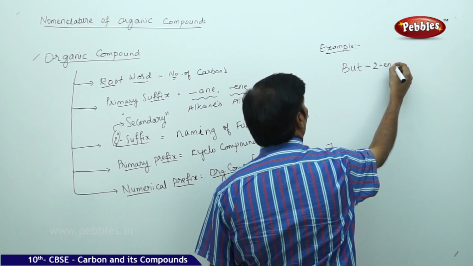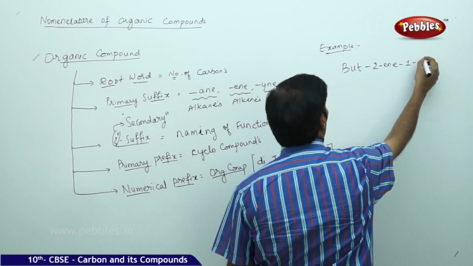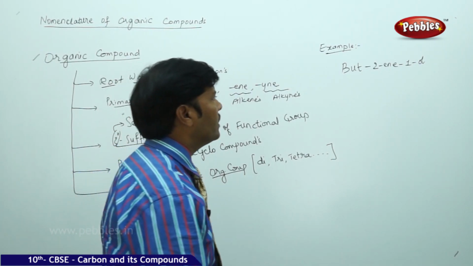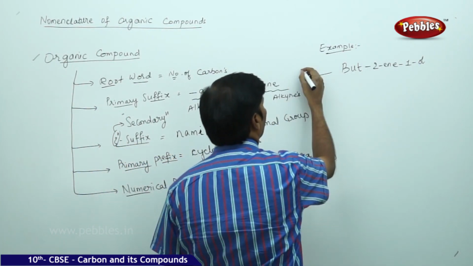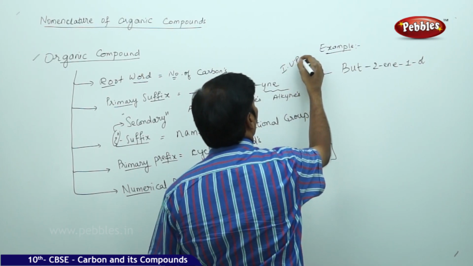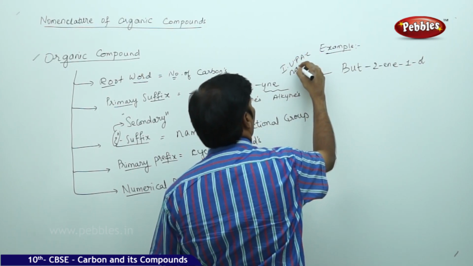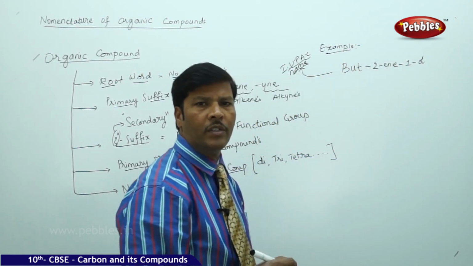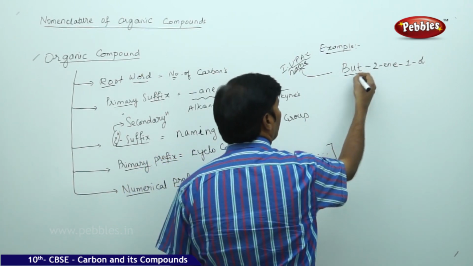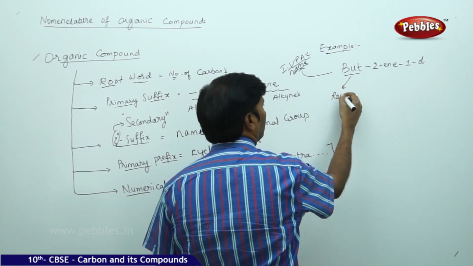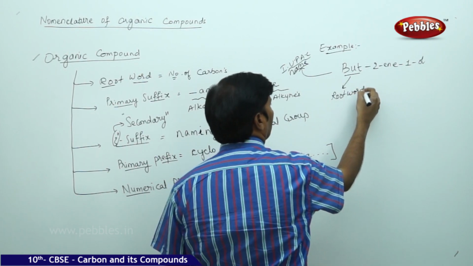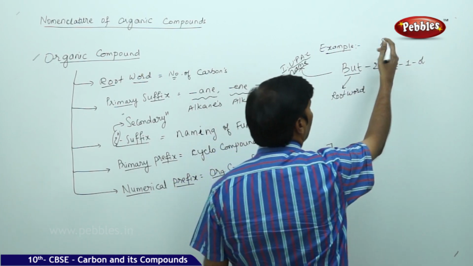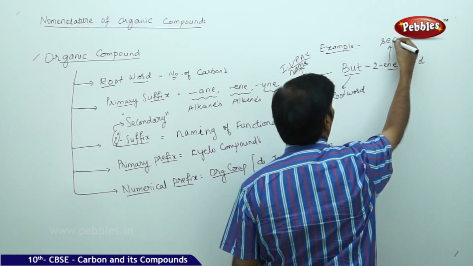But-2-en-1-ol. Say for example, you are taking one organic compound which has this IUPAC name: but-2-en-1-ol. So here the word but stands for the root word.